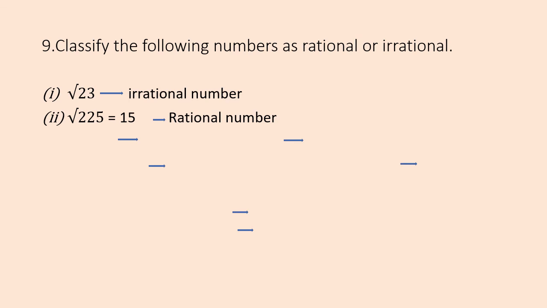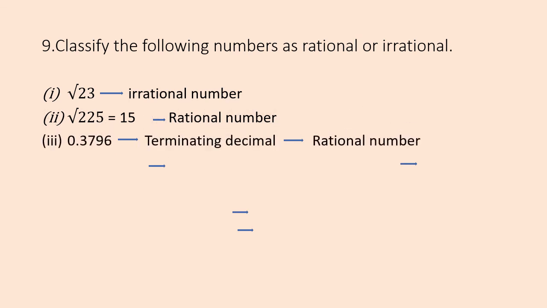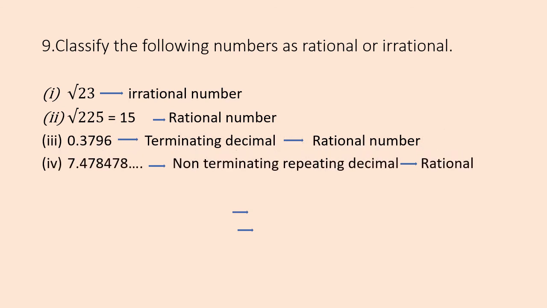Therefore, it is a rational number. Next, 0.3796, a terminating decimal. Therefore, it is a rational number. Next, 7.478478 etc. Here the decimal expansion is non-terminating but repeating. The pattern 478 is repeating. Therefore, it is a rational number.